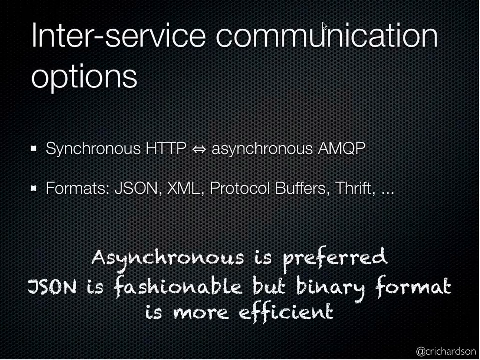And JSON, of course, is today's popular format. It's human readable, readily consumed by browsers, which is obviously really important. But on the other hand, a binary format is a lot more efficient. You don't have to parse the message, which is actually quite expensive.